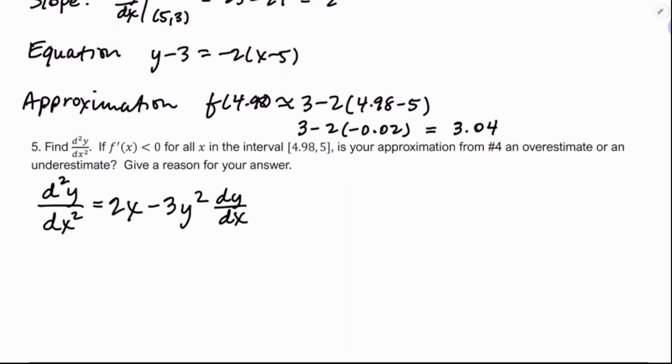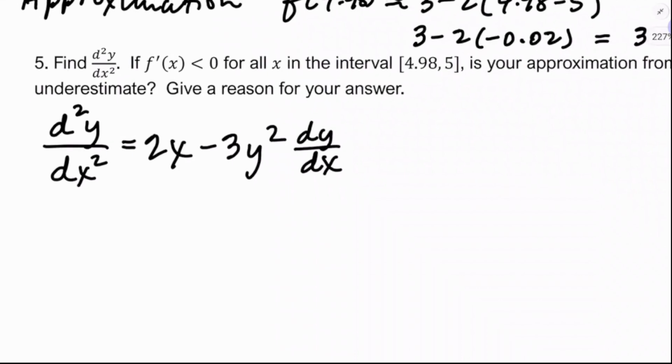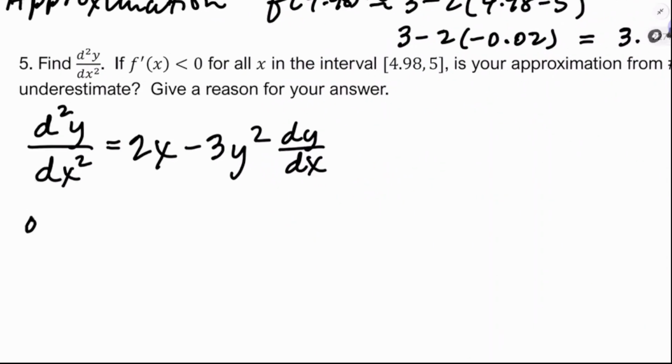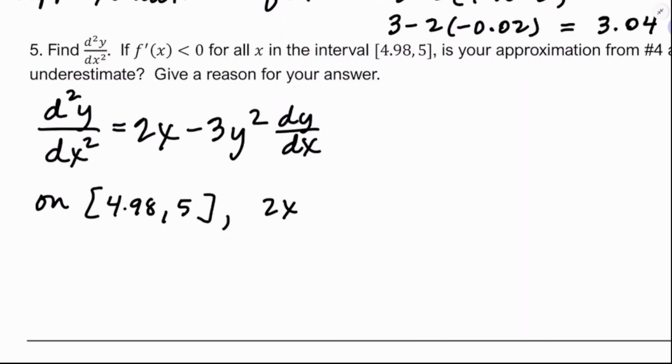Okay, now on the interval 4.98 to 5, it's going to have to be the case that 2x... wait, why would that be the case? Okay, then we're going to need to do a little more investigation here.